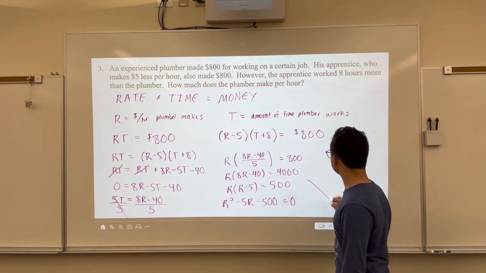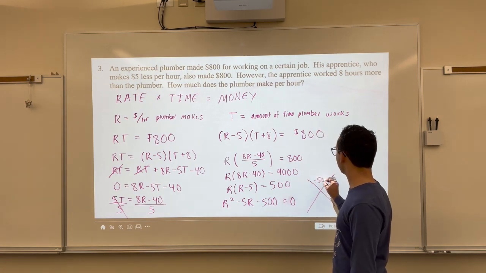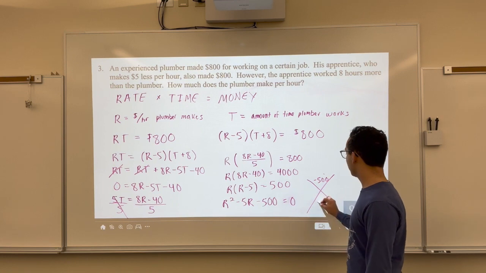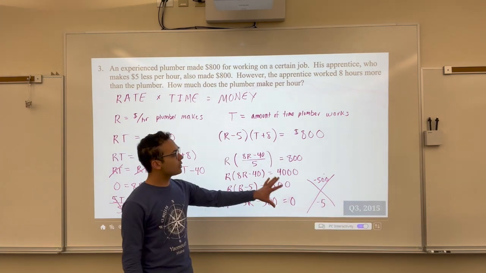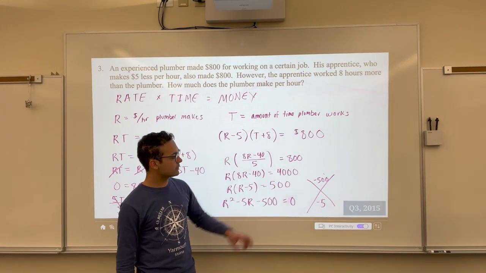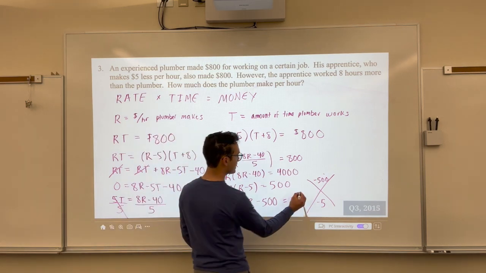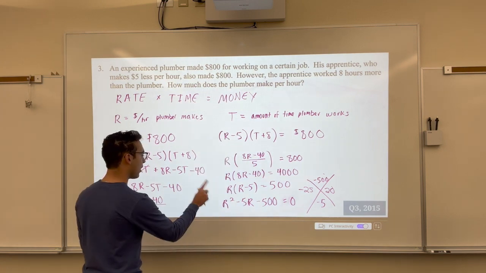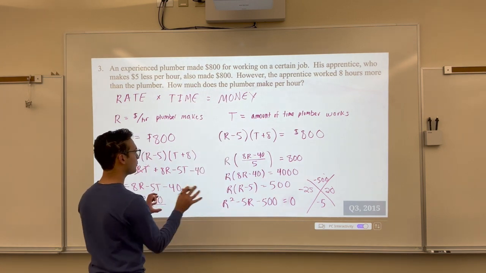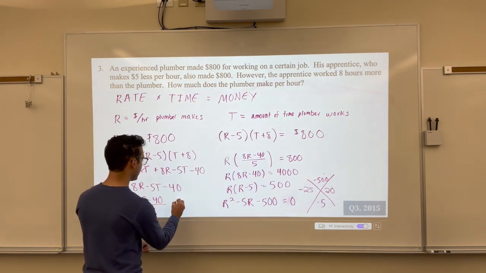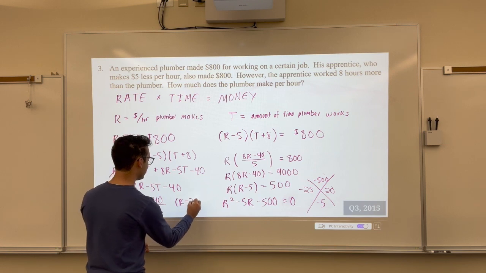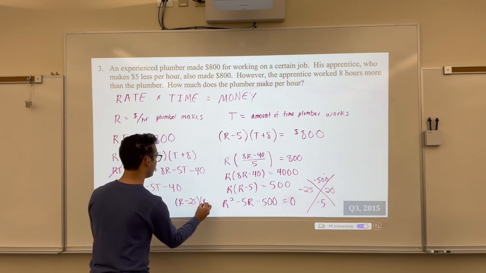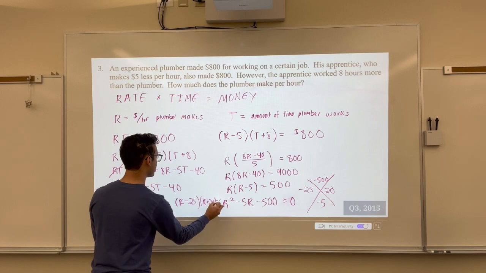Now the question is, we need two numbers that multiply to negative 500 and add to negative 5. So go ahead and ponder that for a moment. The correct answer is negative 25 and positive 20. So for R, we can factor this, and it ends up being (R minus 25) times (R plus 20) equals 0.